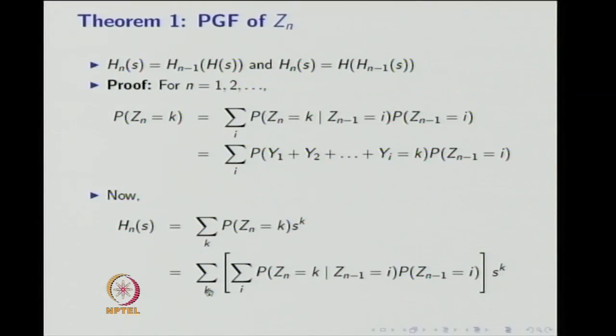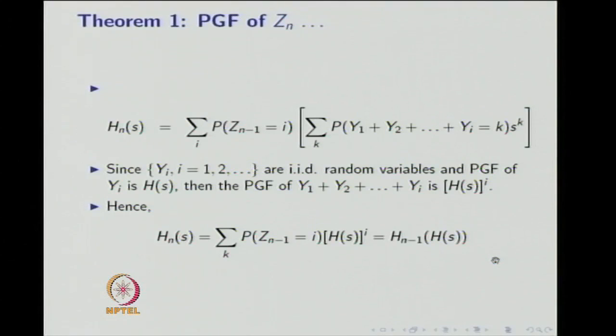Therefore, you will have a summation over k, substitute the probability of zn is equal to k, that is nothing but the summation over i, conditional probability multiplied by probability of zn minus 1 is equal to i, multiplied by s power k. Substitute the conditional probability, which is nothing but the probability of y1 plus y2 plus so on yi is equal to k, into s power k.